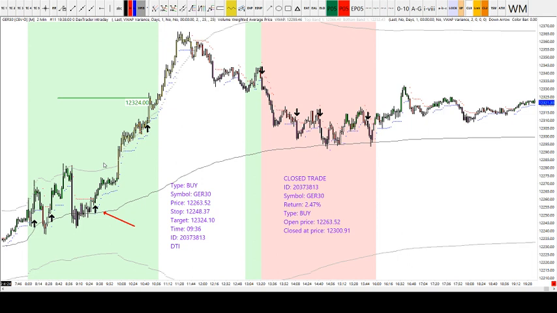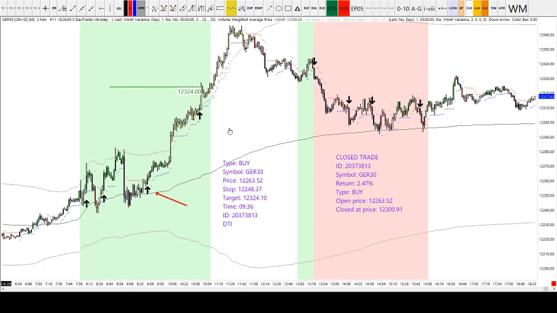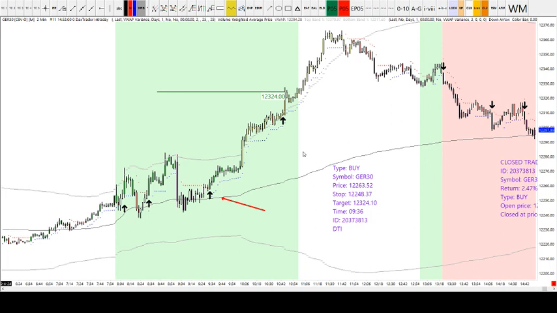So let me talk you through my thought process of why I got out of the trade. Well, why I got in was obvious. It was in buy zone, and I wasn't at the screens for these two. I was for that one, and I noticed that we had this rally through the previous high, which suggested that the trend was still intact.